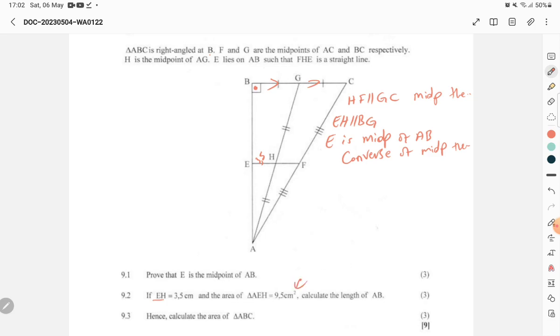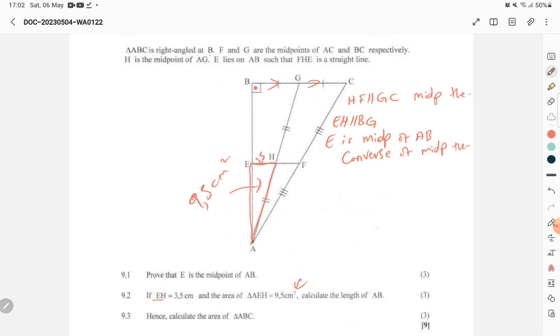Then calculate the length of AB. So we have this, then therefore the area of AEH, the area of this triangle is equal to 9,5 centimeters squared. Then we are to calculate the length of AB.